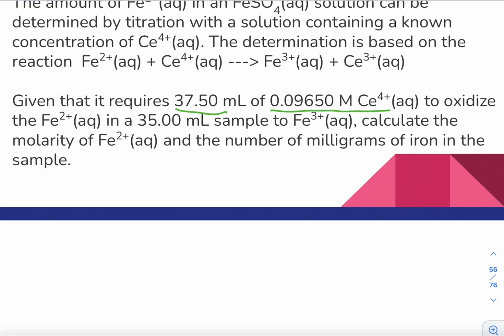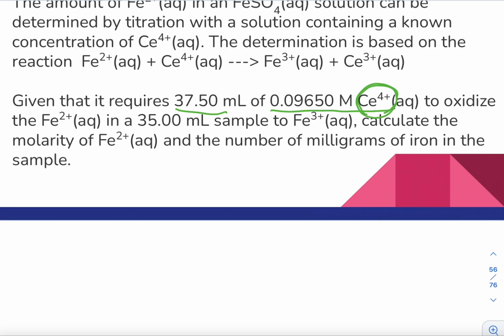So we're going to find the moles of Fe2 plus and then also the grams and convert that to milligrams. So this one is a little different in terms of the molarity because they're actually telling us the molarity of the ion.